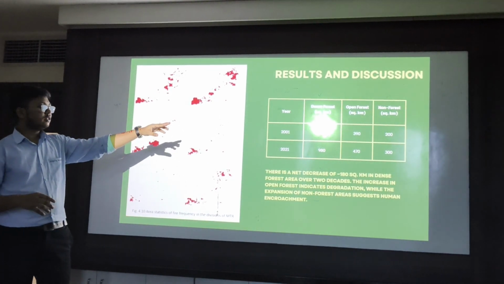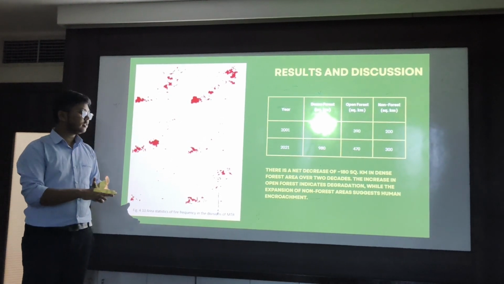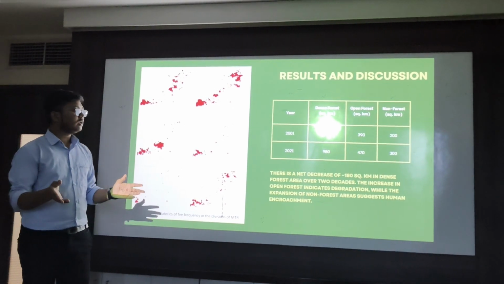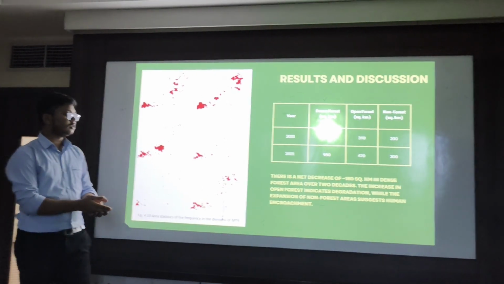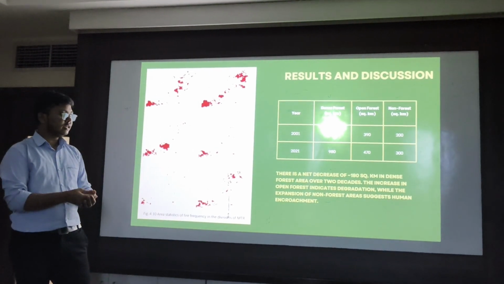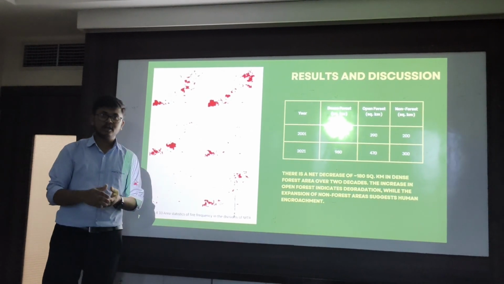Like in 2001, the dense forest area is about 1160 square kilometers, which has reduced to 980 in 2021, as well as open forest in 2001 is 390 square kilometers, which has increased in 2021 to 470 square kilometers.